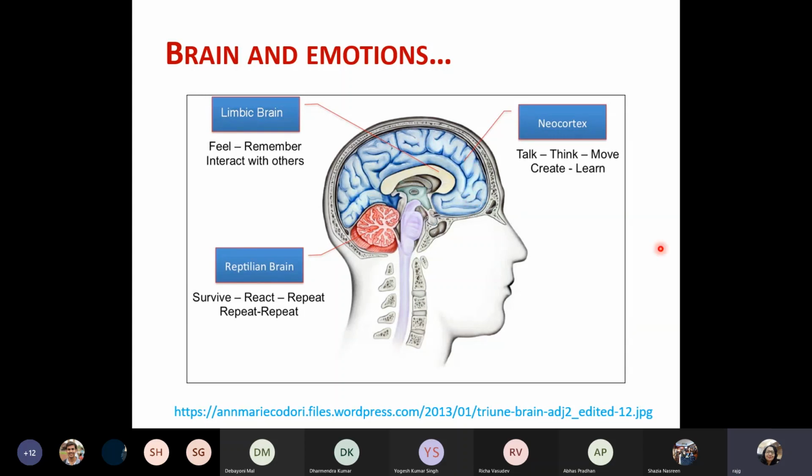Now, if anybody asks me, well, if we are thinking more and more with every passing day, maybe in another 1,000 years or 10,000 years, will this cortical area grow larger beyond this? Honestly speaking, I don't know. In fact, scientists don't know.